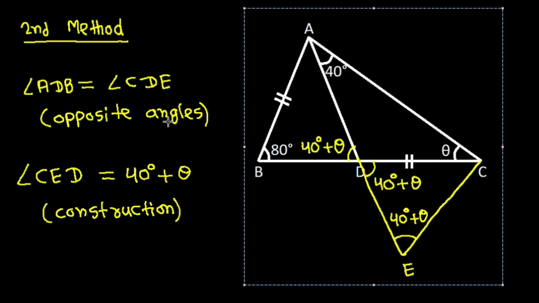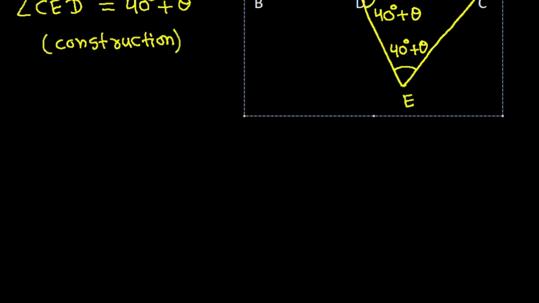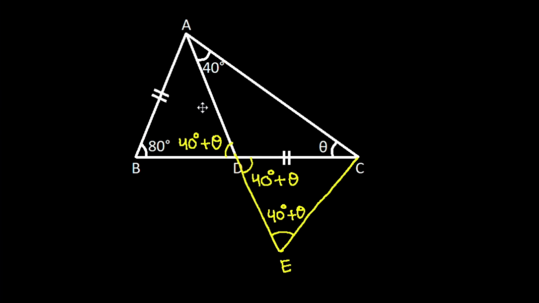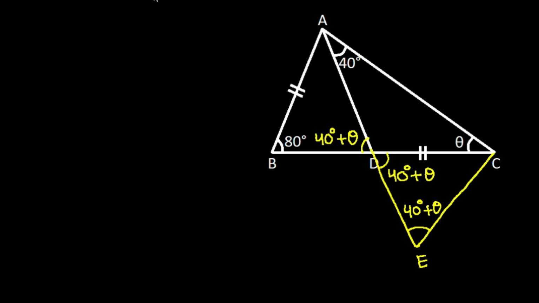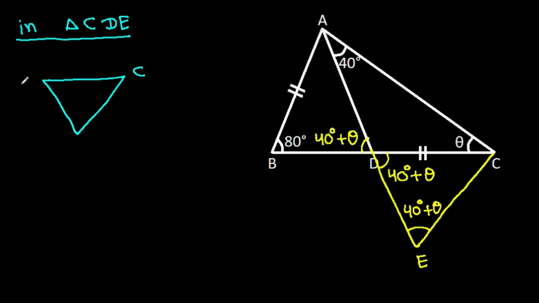And now in triangle CDE, these two angles are equal, that is 40 degrees plus theta. That means CD will be equal to CE.